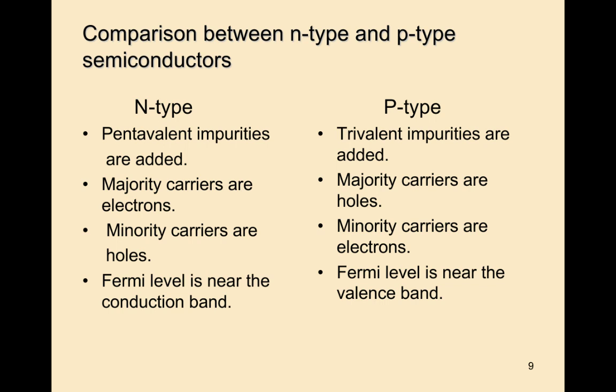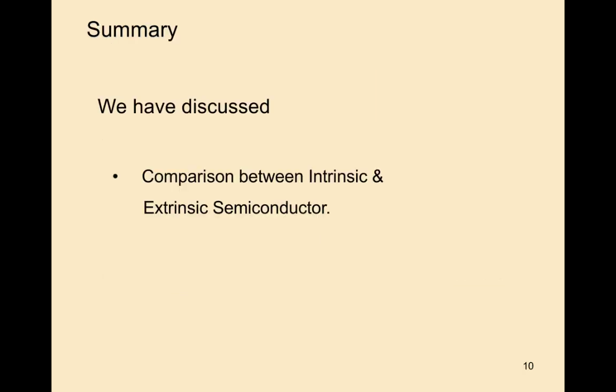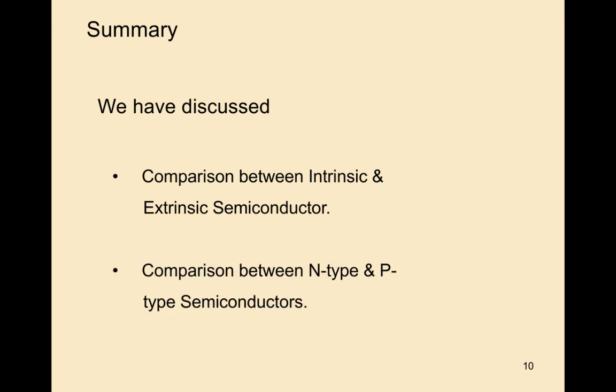In P-type, Fermi level is near the valence band. These are the four important differences between N-type and P-type semiconductors. What we discussed: comparison between intrinsic and extrinsic semiconductor, and comparison between N-type and P-type semiconductors.